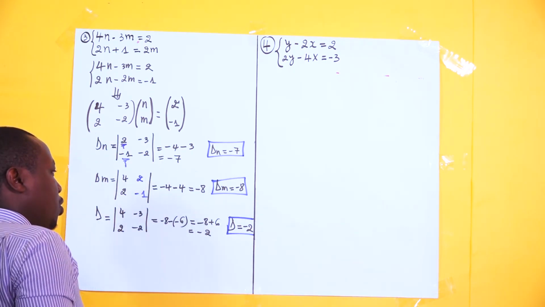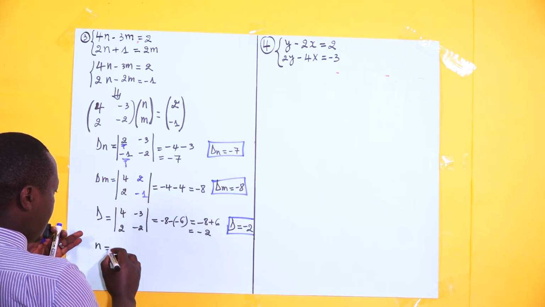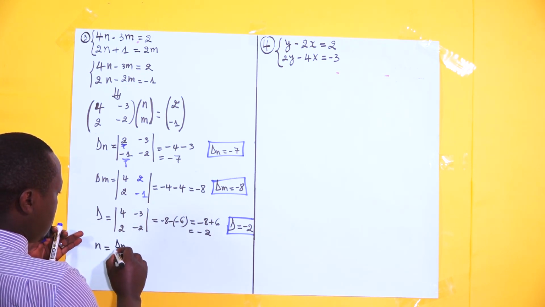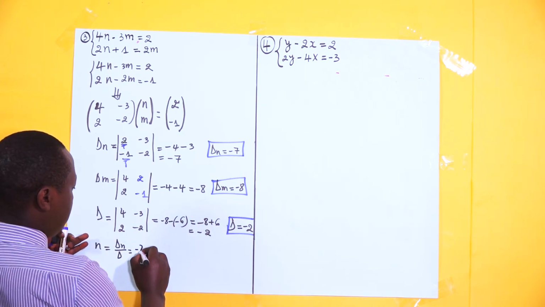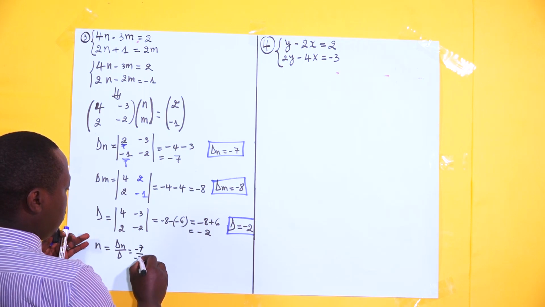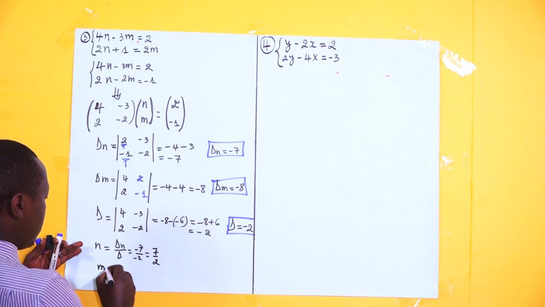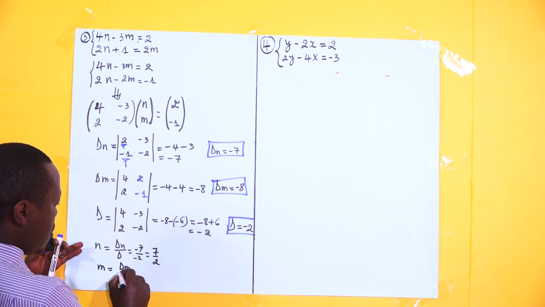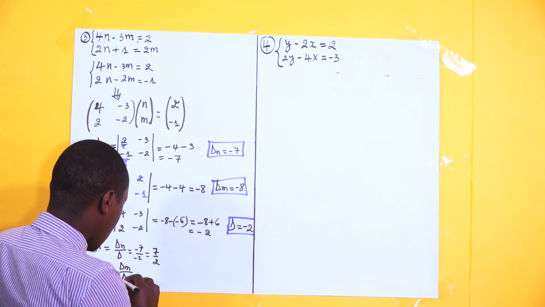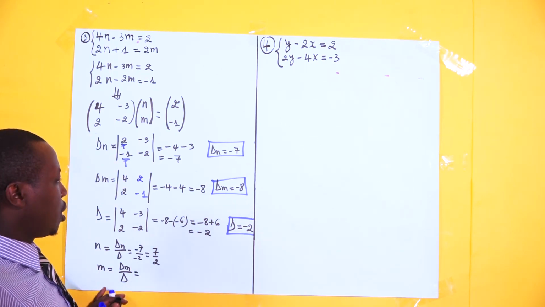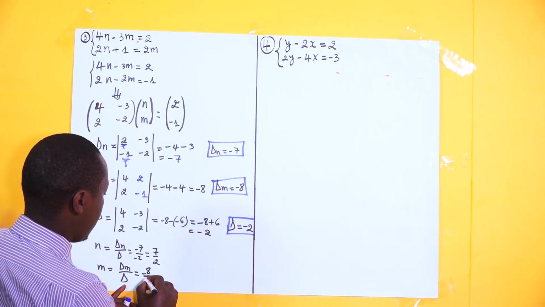Alright. So, how can we find n? It is determinant of n over determinant, which gives us -7 over -2. So the answer is 7 over 2. m equals determinant of m over determinant, right? This is equal to how much? -8 over -2.